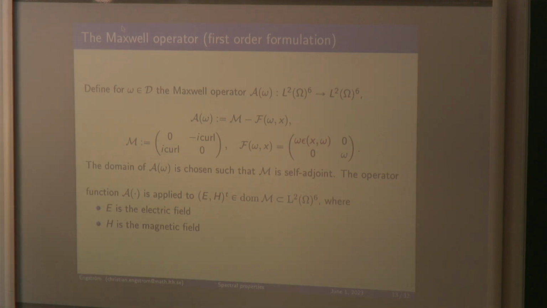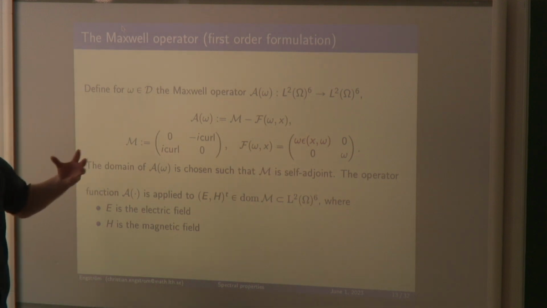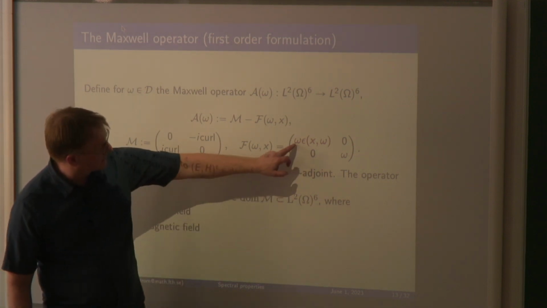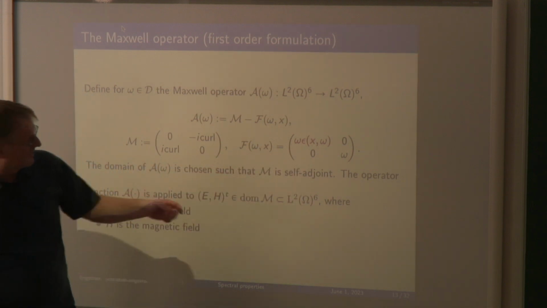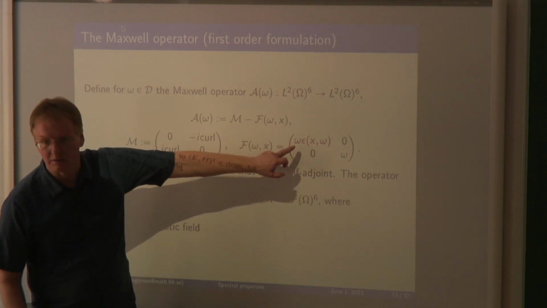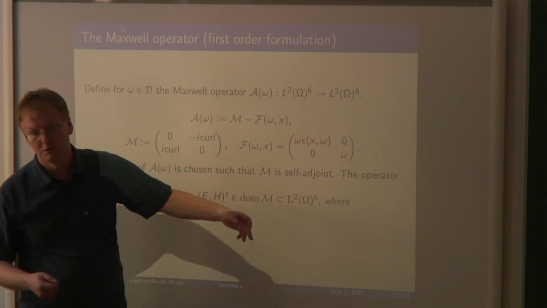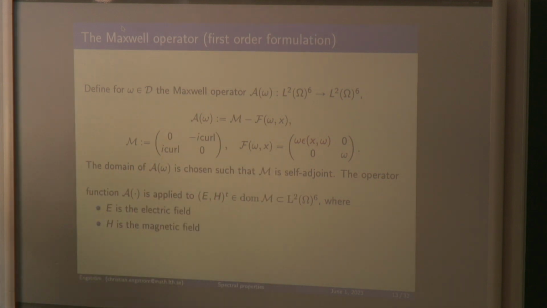And as you can see, the material property with this epsilon is hidden inside this F. The only thing that differs is that you have an omega here instead of an omega to the power of 2. That's the difference. We assume that we have chosen everything so it's self-adjoint and nice, this M, I mean.